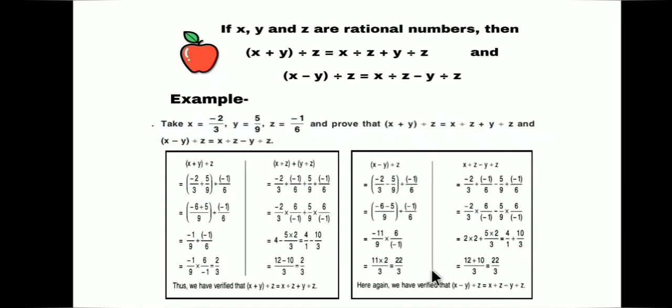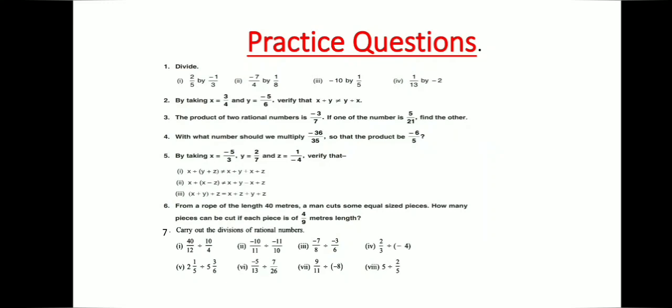In both the cases, the result obtained is same. So, we can say that x minus y divided by z is equal to x divided by z minus y divided by z. These were the properties of division of rational numbers.